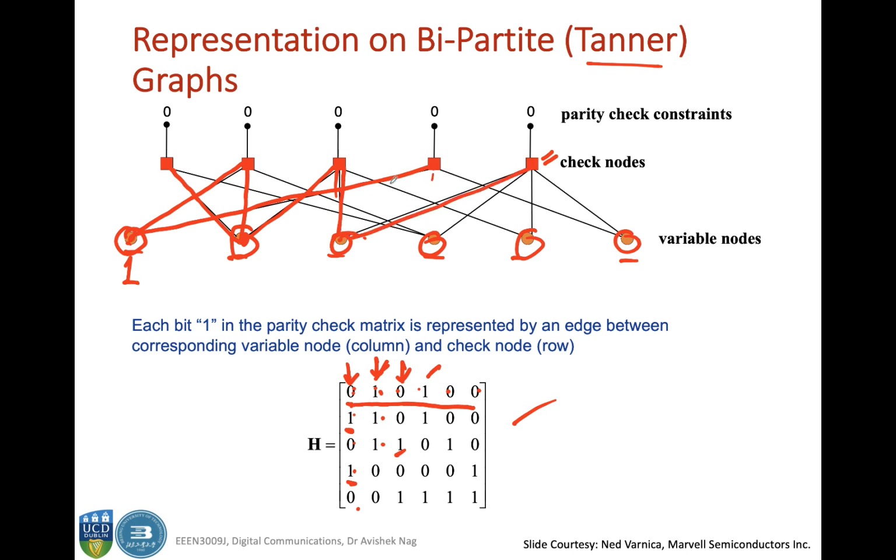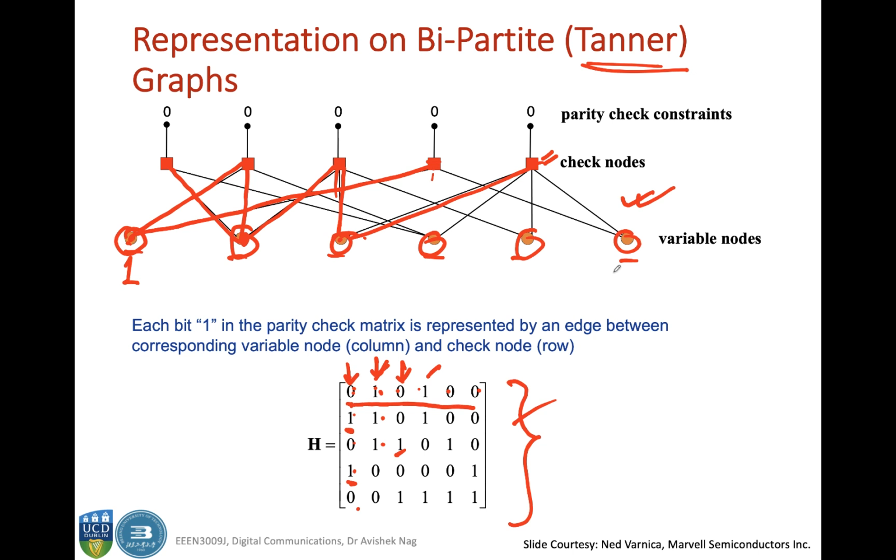So that's how this connectivity is created, and whatever information we have in this parity check matrix can be represented by this type of graph, which is called a Tanner graph. The number of rows in the parity check matrix gives you the number of check nodes, and the number of columns gives you the number of variable nodes.